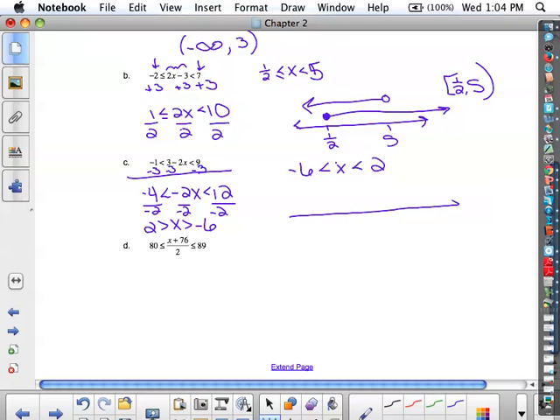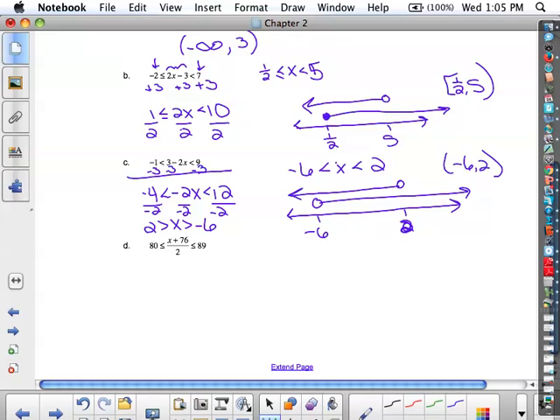So when you look at this on the number line, I have x is greater than minus 6, x is less than 2, sorry, that's a 2, going that way. So my region in interval notation would be minus 6, 2. Okay.